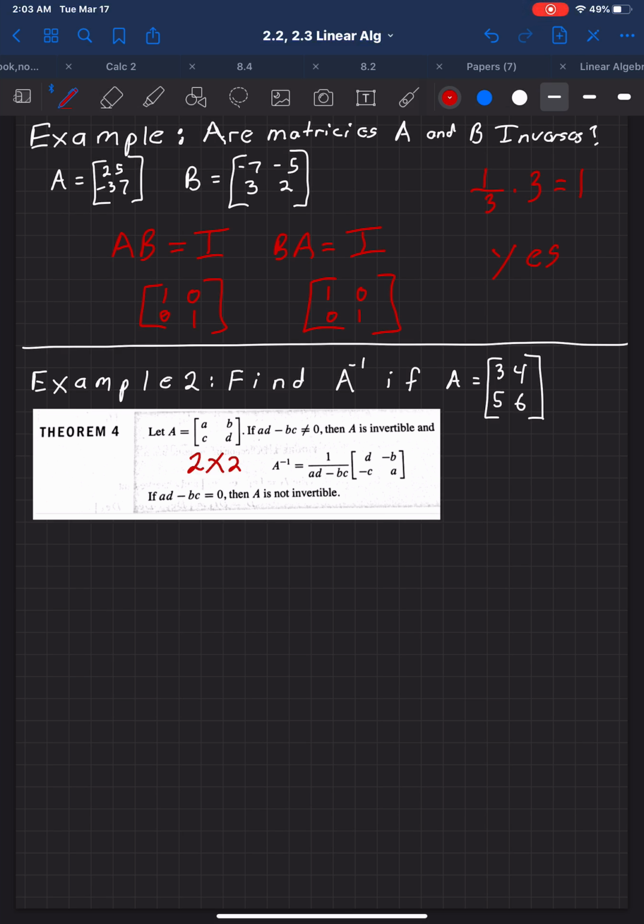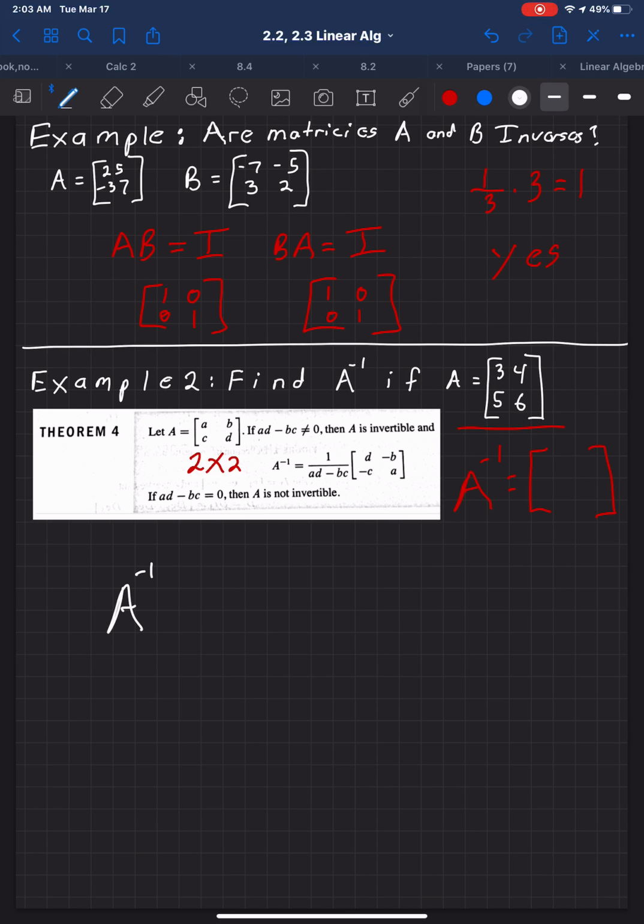But right now the question is, given matrix A, can you find A inverse? All right, let's just use this formula to find A inverse.